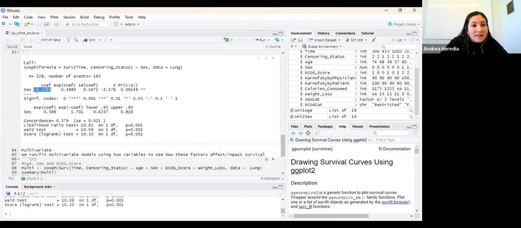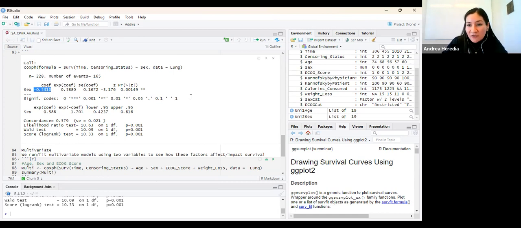It is negative, and it is also 0.53. A positive sign means that the hazard of death is higher, and therefore the prognosis is worse. In this one, since it's negative, it is basically saying that being female is associated with having a lower risk of death, and higher survival compared to males.